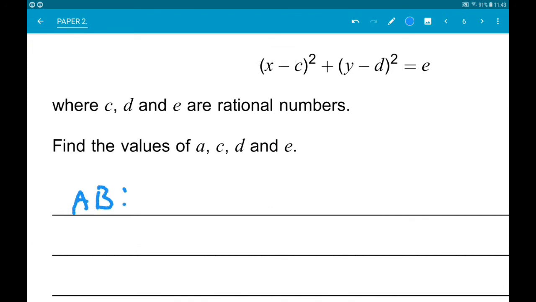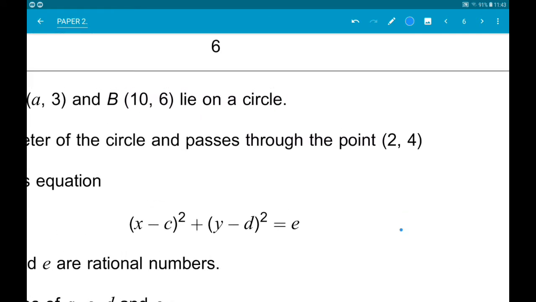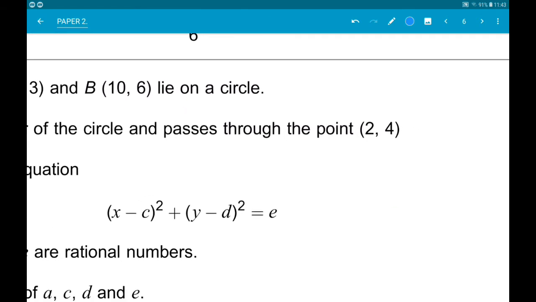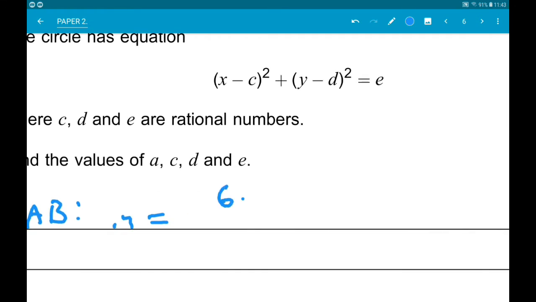So, for the gradient, the 2 points we know are 10, 6 and 2, 4. So the gradient is 6 take 4 over 10 take 2, which gives us 2 over 8, so 1/4.